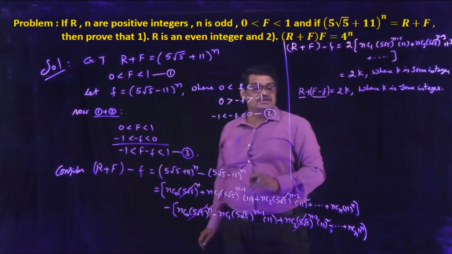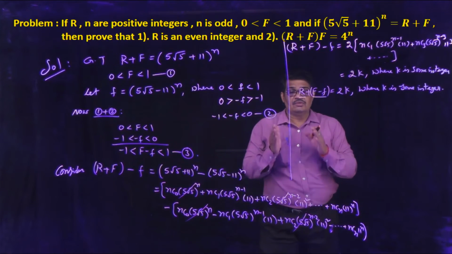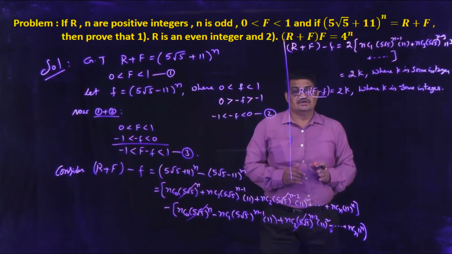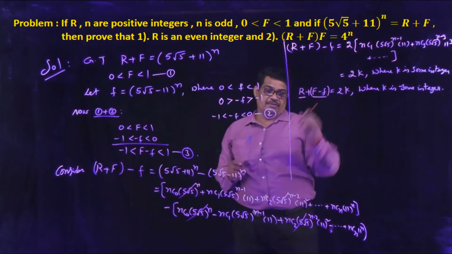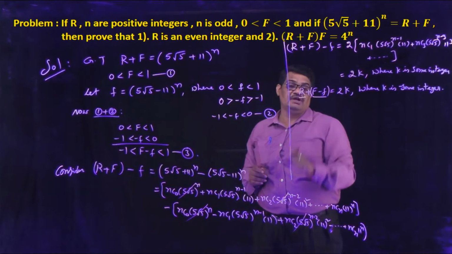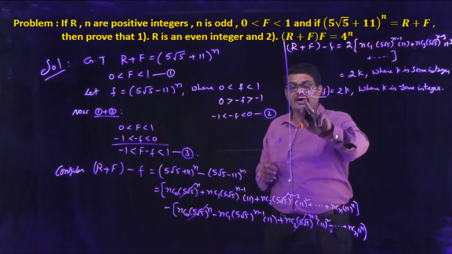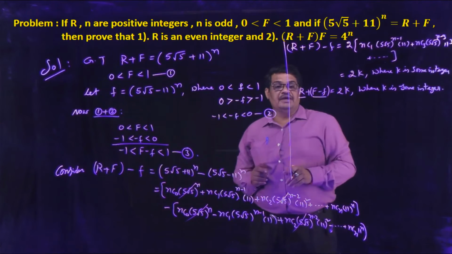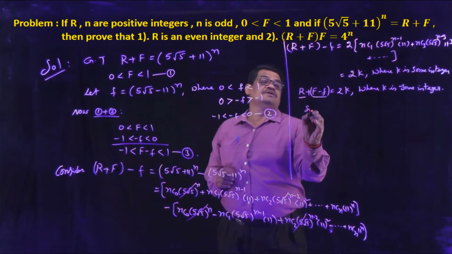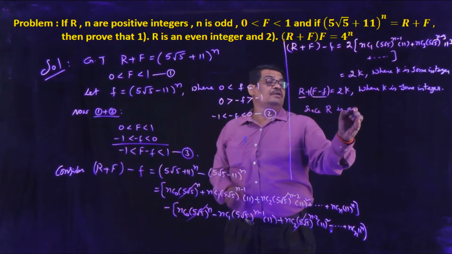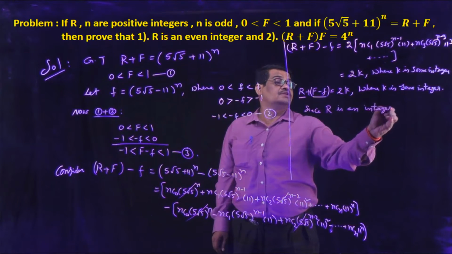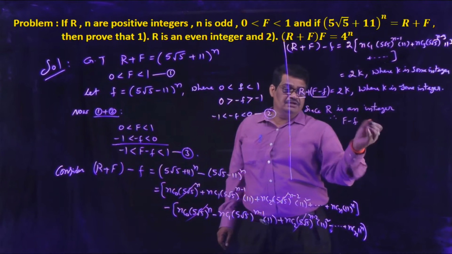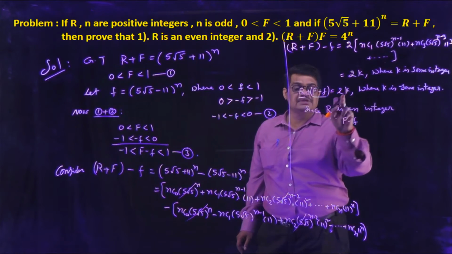So r is an integer, and F − f must be an integer, otherwise the sum R + F − f would not be an even number. Since r is an integer, therefore F − f must be an integer, since the sum is an even number.